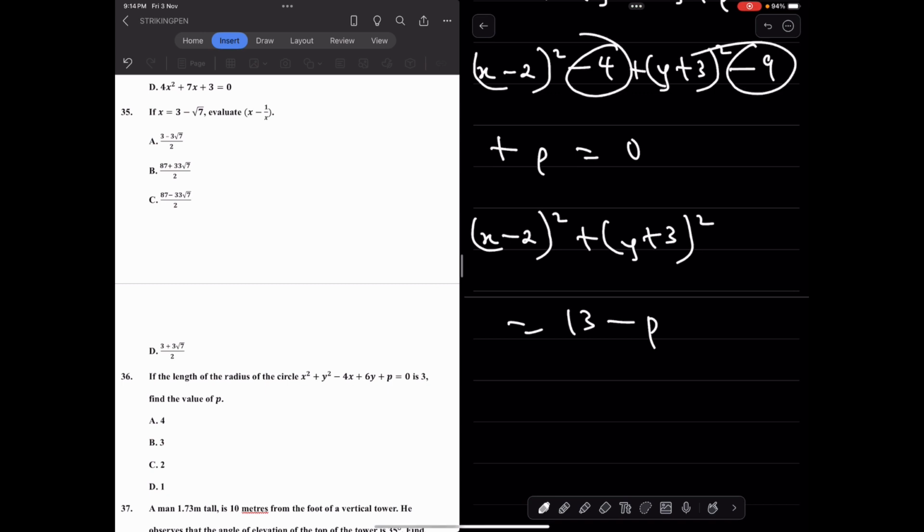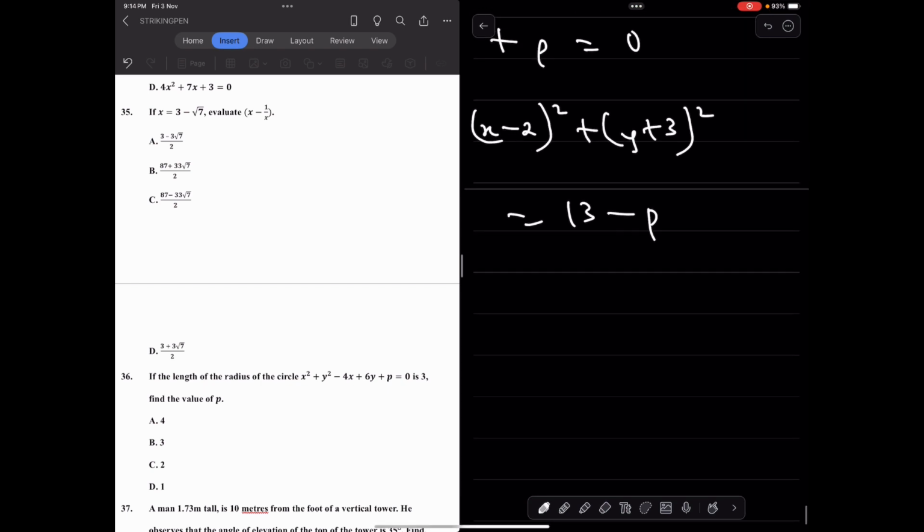When I take it to the right hand side, it becomes plus 13. When I take plus p to the right hand side, it becomes minus p. So the new equation is x minus 2 all squared plus y plus 3 all squared equals 13 minus p.